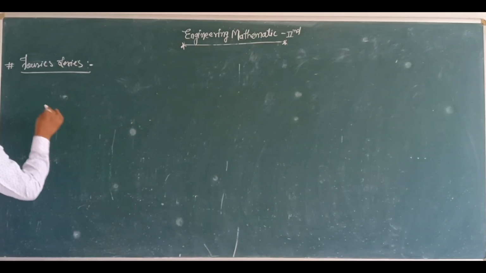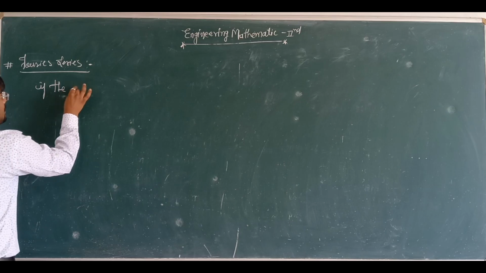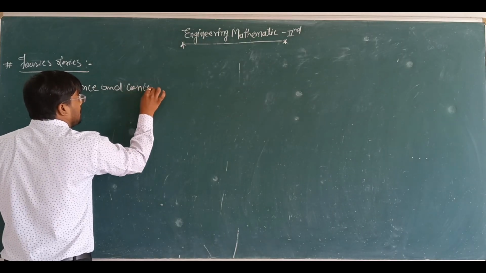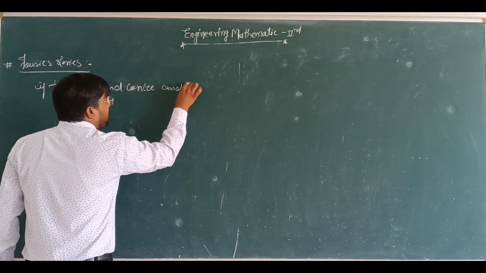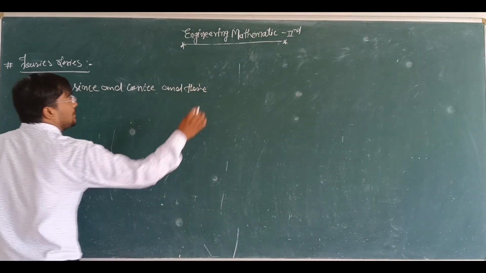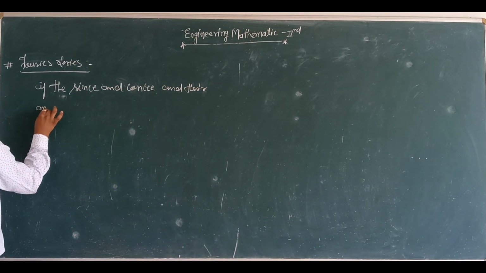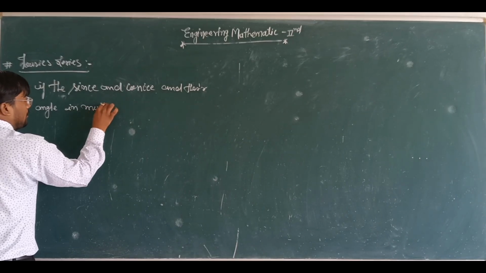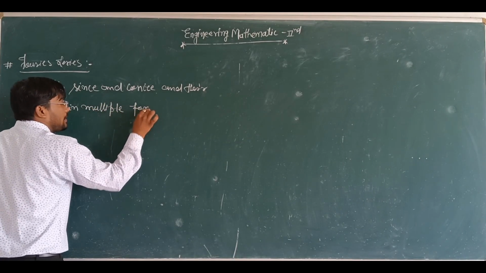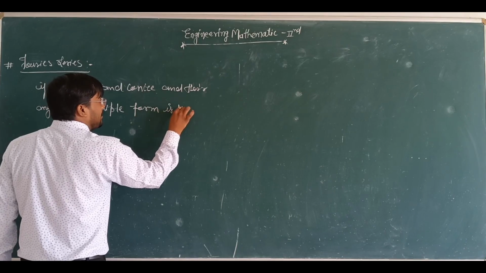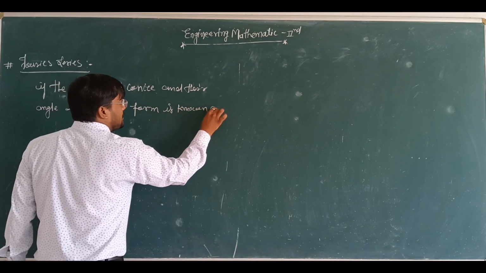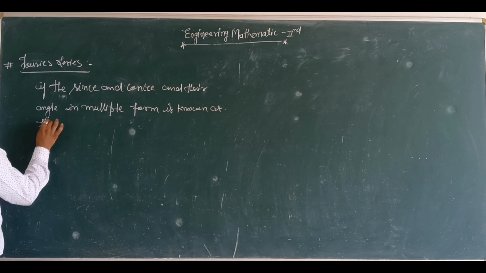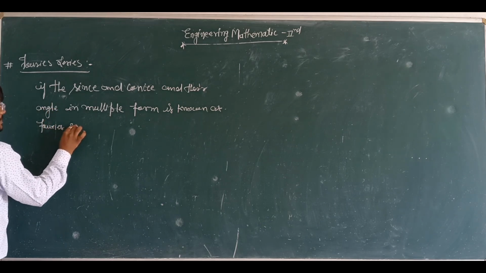Now first of all, you can note down: if sine and cosine and their angles in multiple form is known as a Fourier series.